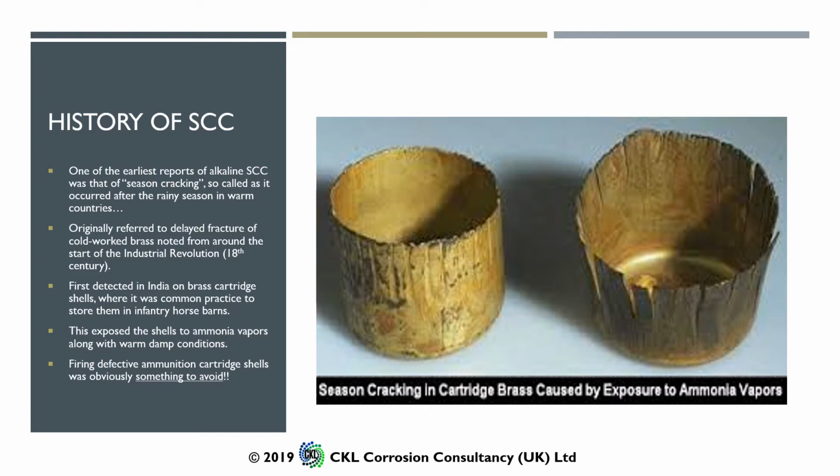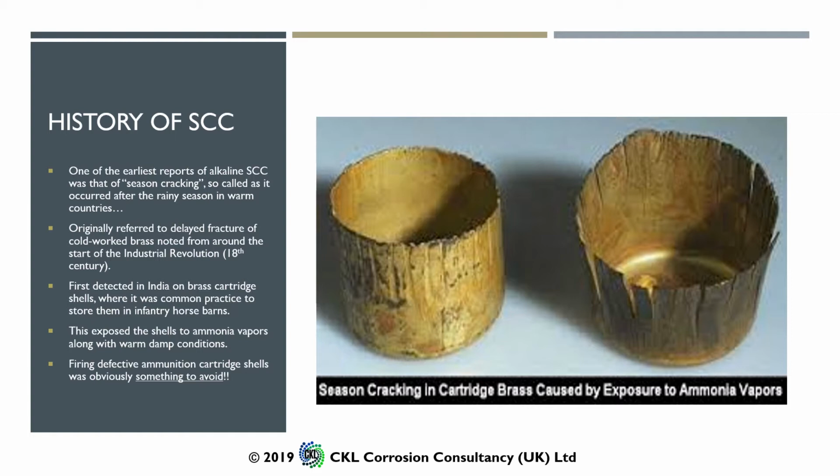It was only given this name because it appeared to happen towards the end of or shortly after the rainy season in warm, humid climates in countries around the equator area. People were not sure why it was happening, but they knew it happened roughly then for some reason.